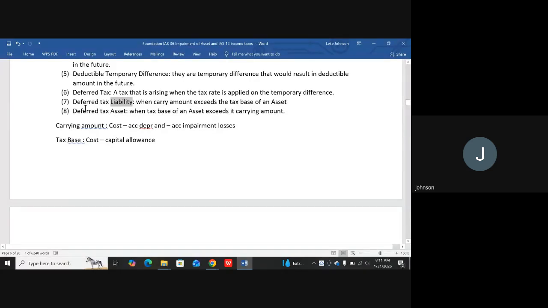You're going to get what we call a deferred tax liability. So I said most times, when your carrying amount exceeds the tax base of that asset, it is going to create this deferred tax liability.